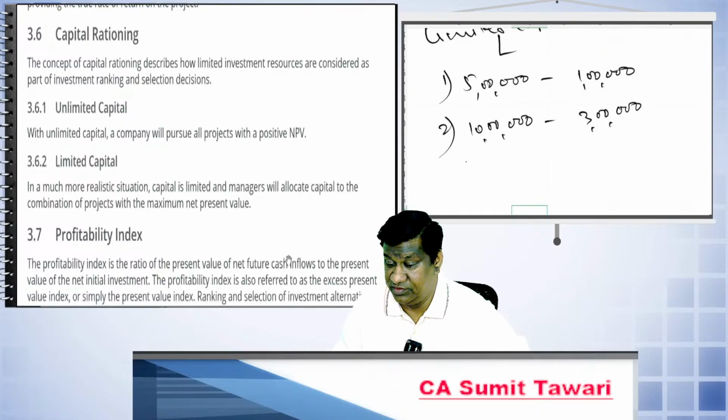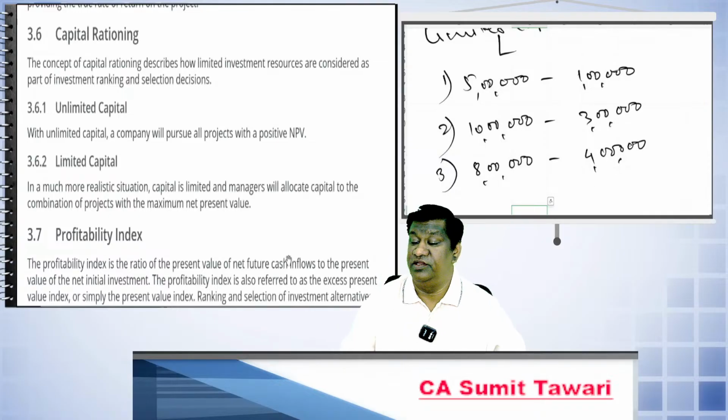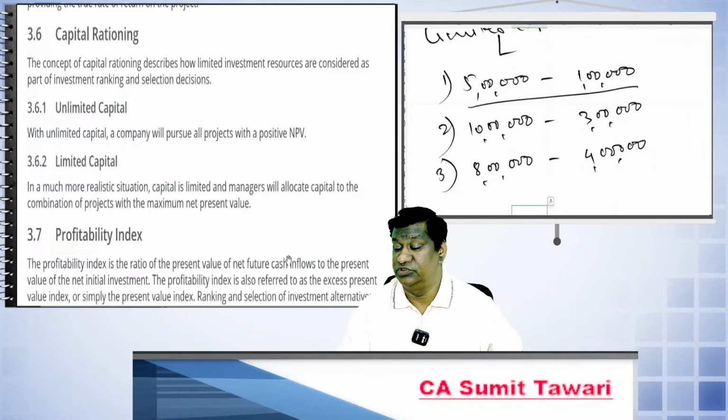And the third one is 8 lakh, which may give a value of 4 lakh. If you have only 5 lakh, then you have no choice, you need to use the first one. If you have 10 lakh, you can still use the third, because with an 8 lakh investment you are able to generate 4 lakh.